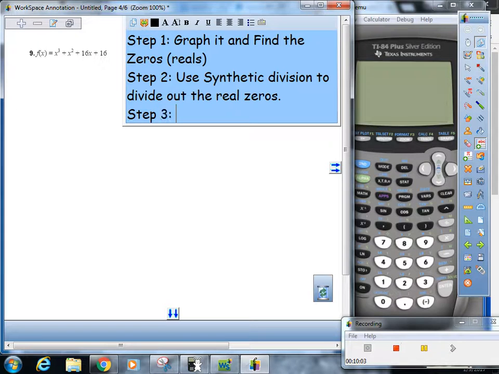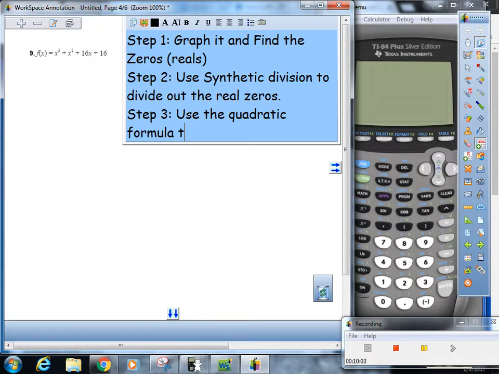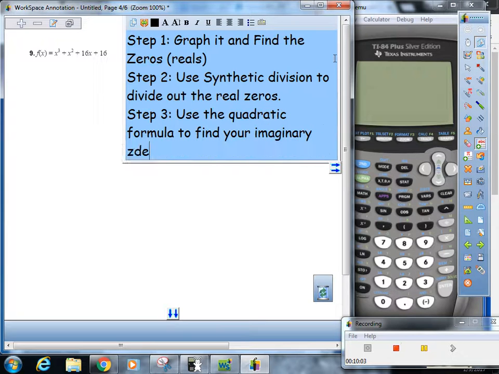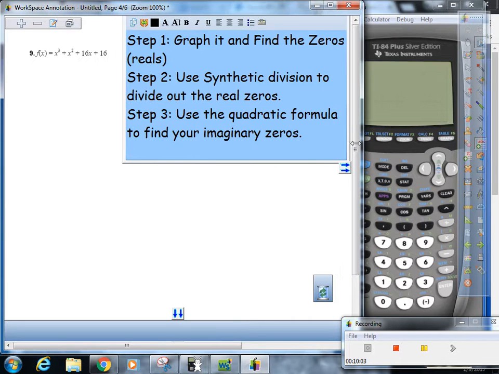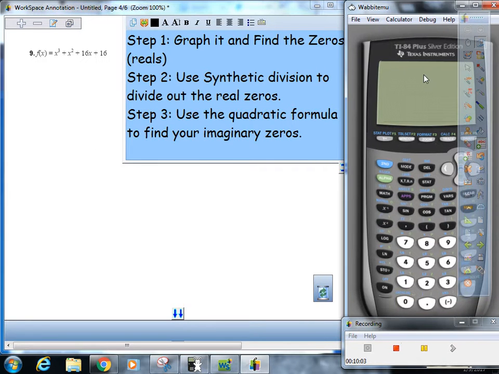Step 3, use the quadratic formula to find your imaginary zeros. That'd be a good name for a band, Imaginary Zeros, I think. Maybe not. Alright, here we go.